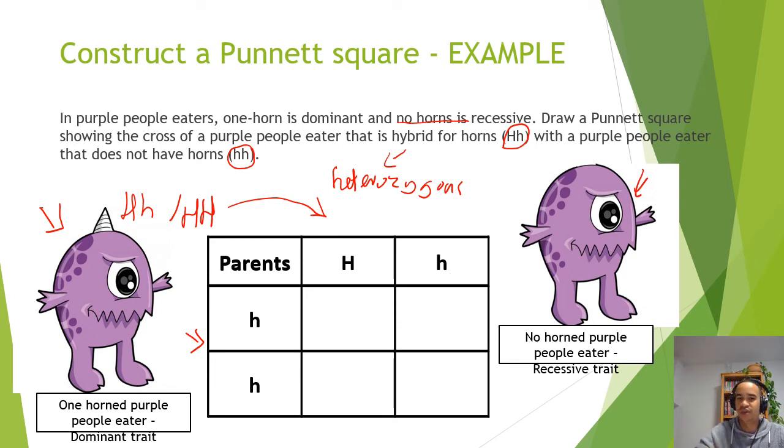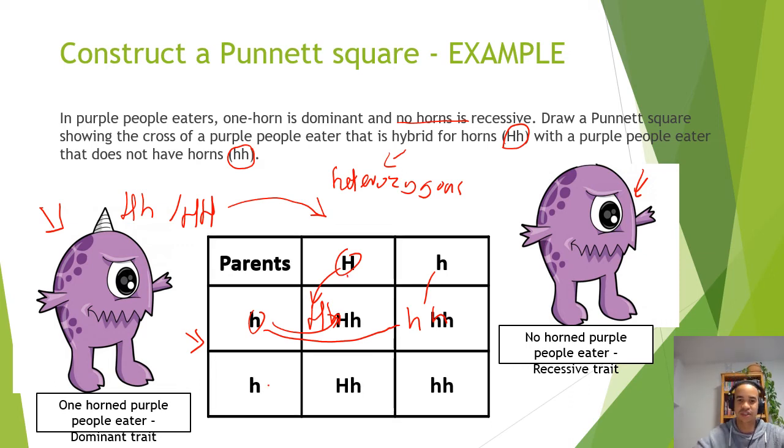And then we need to go in and fill in the possible offspring that they could have. So here, H, one copy there, h, one copy there, right? Here, we take our H, and then we take our h from over here, and we have another one over here. We take our H from here, our h from here. And I have that pre-filled, so let me fill it in. Maybe just erase it so you can see it a little bit clearer.